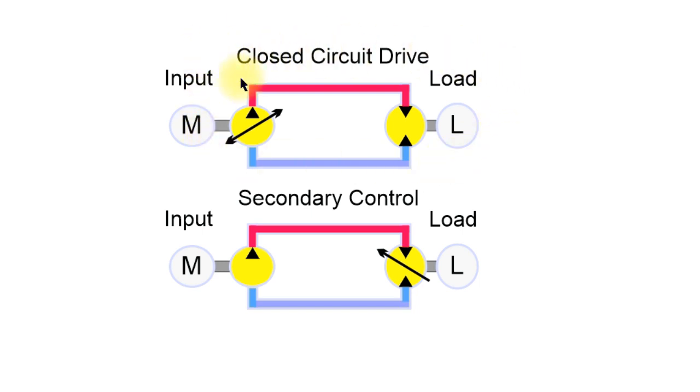Closed circuit drives, so very common on mobile equipment, wheel drive systems. We now have a pressure line with a flow coming from the pump into the motor, and a second line bringing it back from the motor into the pump. You'd need an extra flow in just to account for leakages and things.